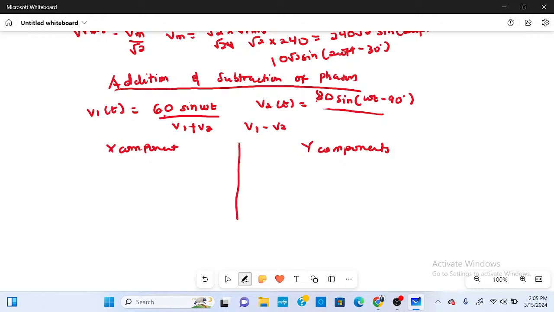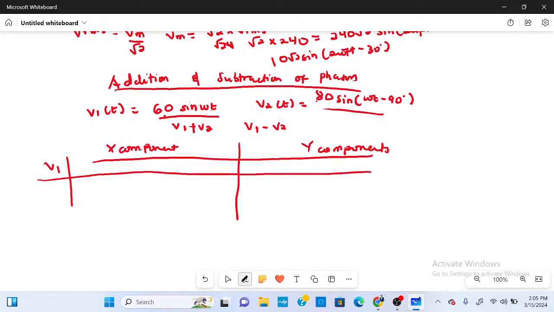You resolve both v1 and v2 into the x and y components. So you write your v1 here, you have its x and y components. You write your v2 here, you have its x and y components, right?